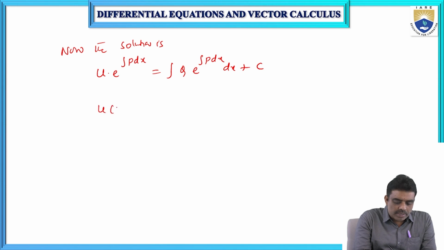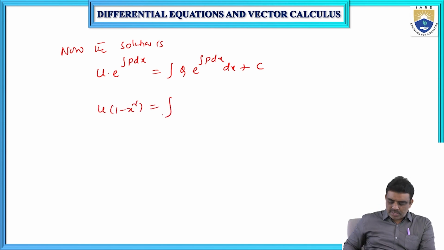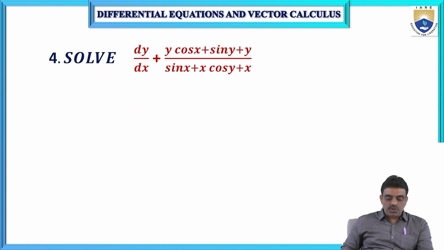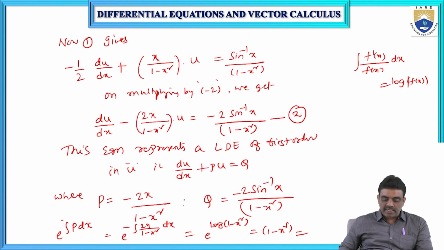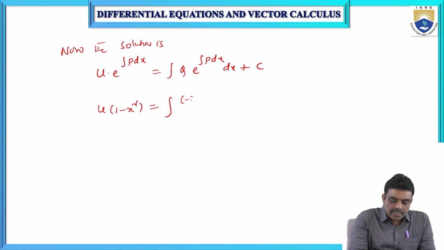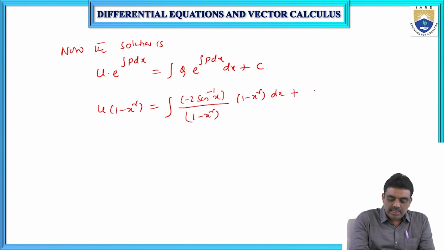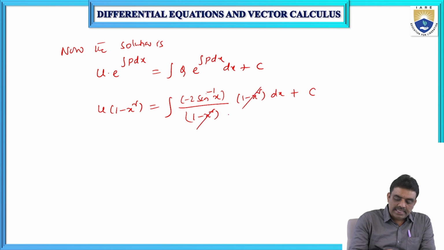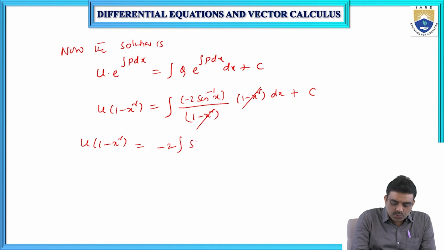So u into 1 minus x square is equal to integral q, which is minus 2 sine inverse x by 1 minus x square, into e power integral p dx, whose value we have already calculated as 1 minus x square, plus c. And this gets cancelled, and u into 1 minus x square is equal to minus 2 into integral sine inverse x dx plus c.